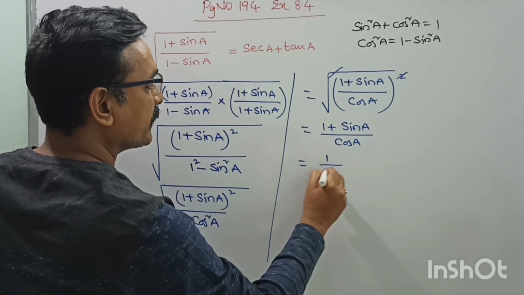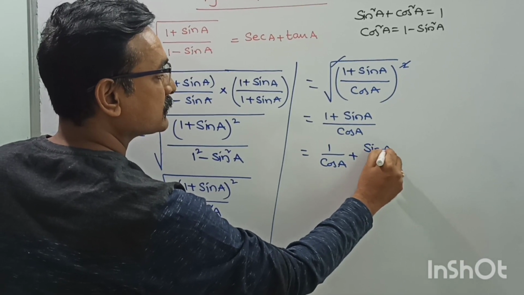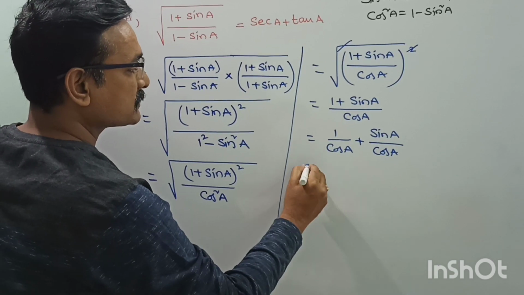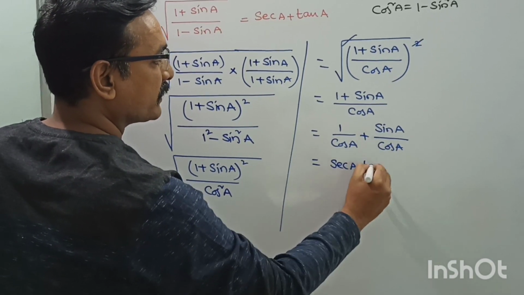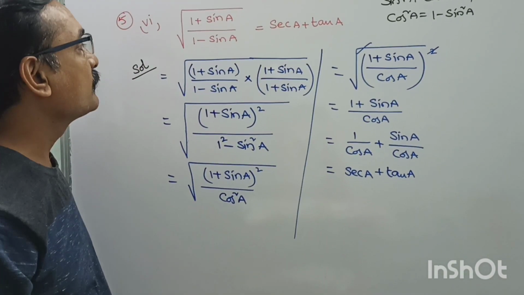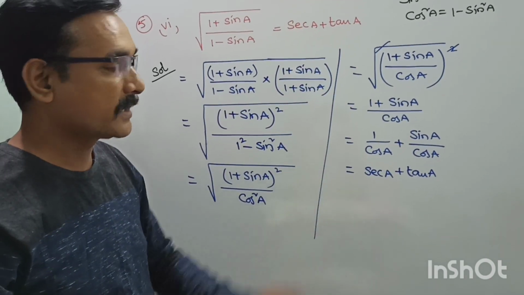Now separate the denominators: 1 by cos a plus sin a by cos a. 1 by cos is secant a, plus sin by cos is tan a. Therefore, root of (1 plus sin a) by (1 minus sin a) equals secant a plus tan a.